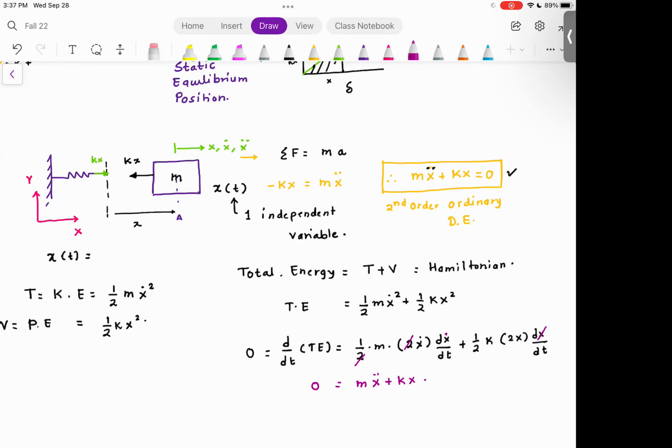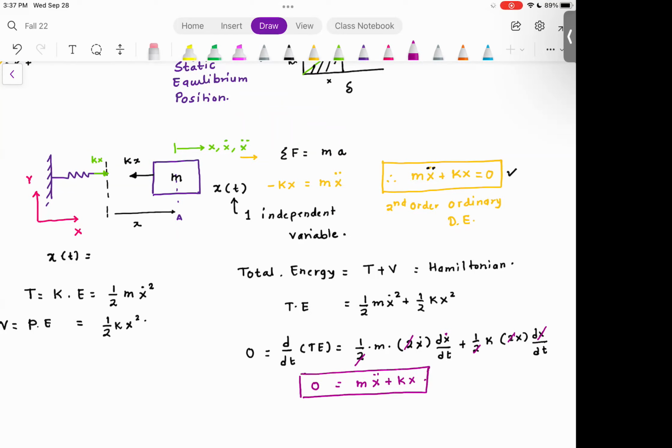So as you can see, once I solve this, I get this equation, which is m x double dot plus k x is equal to 0. And this expression is the exact same expression that we derived.